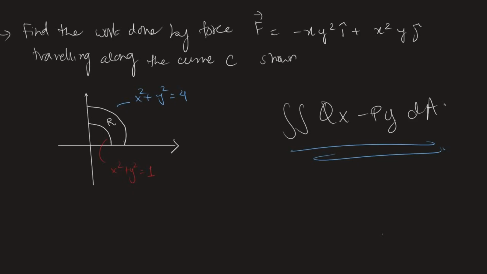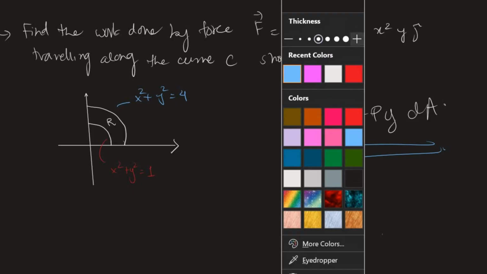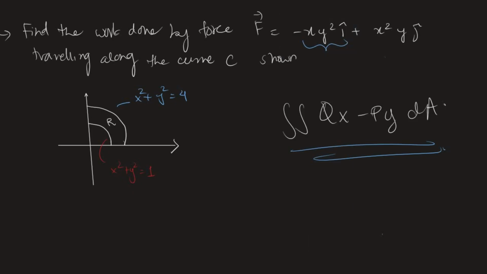And like I just said, the P corresponds to the x component, the i hat, so this is P, and this one is Q, because it's associated with the j component. So we have our P and Q over here.